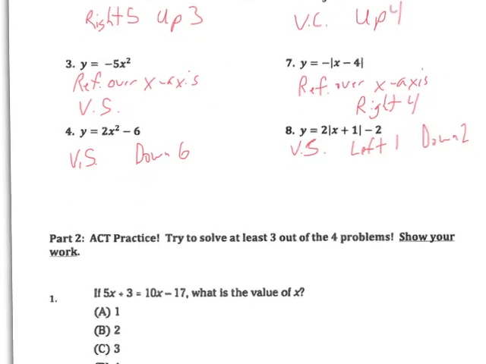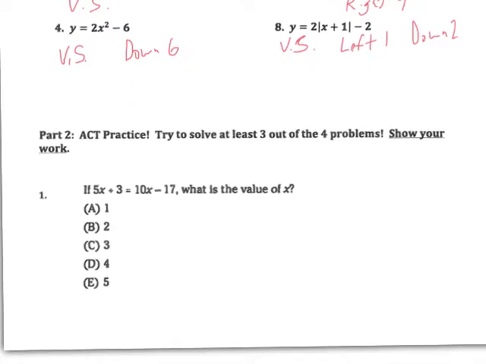Alright, carry on. We have a quick solving question. It says, what's the value of x? So 5x + 3 is equal to 10x - 17. Subtract 5x from both sides.